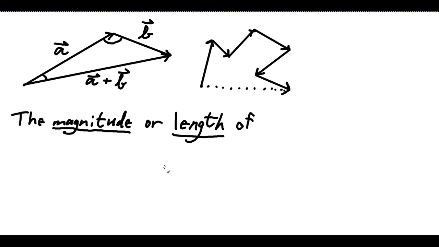If you're talking about a velocity or a force, you don't really want to talk about the length of that, right? You would talk about its magnitude. How strong is the force? How fast is the velocity?